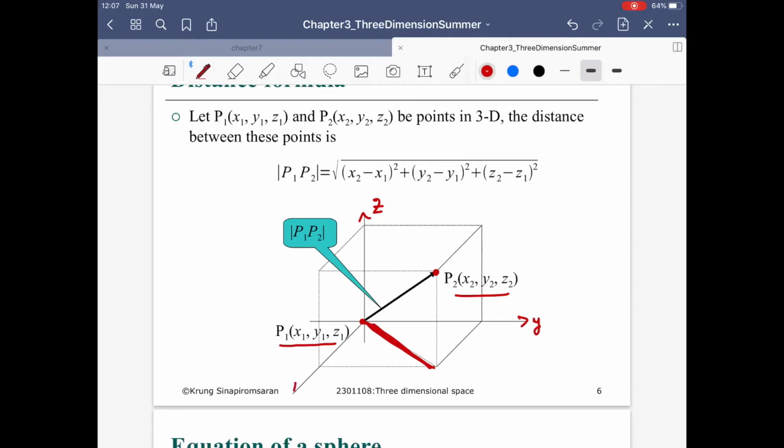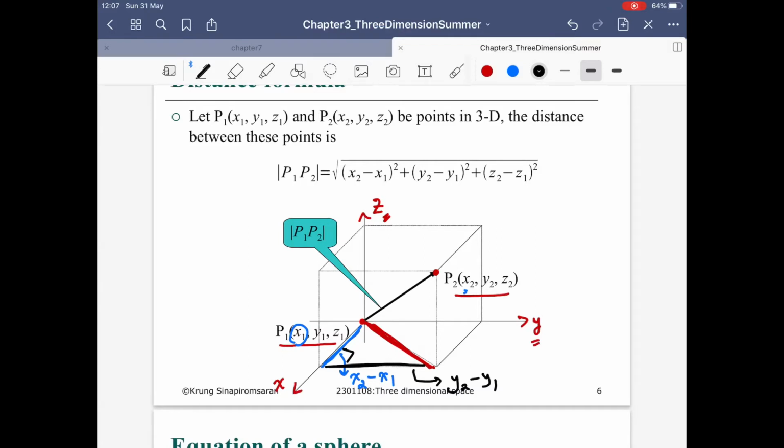So let us determine the axes to be like this: this one is x, this one is y, this one is z. So the displacement along the x-axis from the point x1 to the point x2 will be x2 minus x1, and then the displacement along the y-axis will be y2 minus y1, and actually they are parallel, okay.